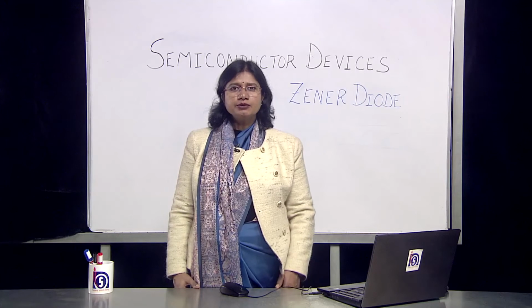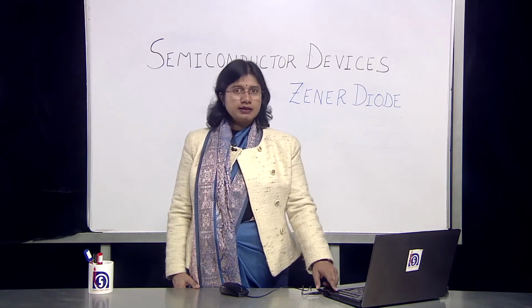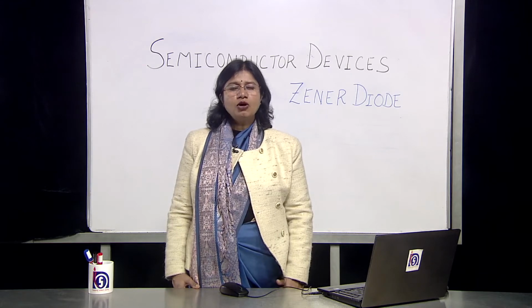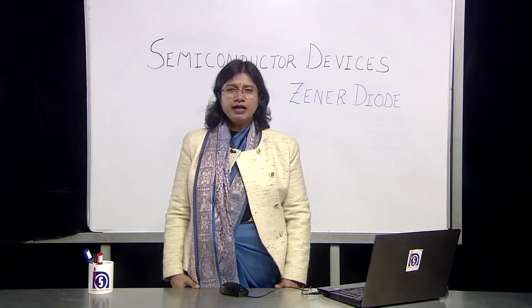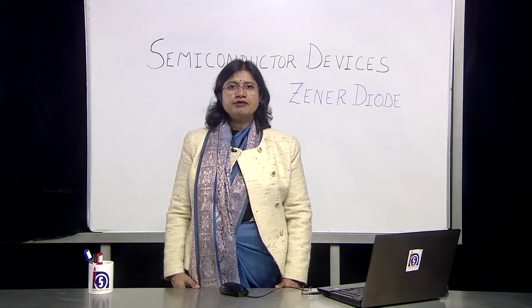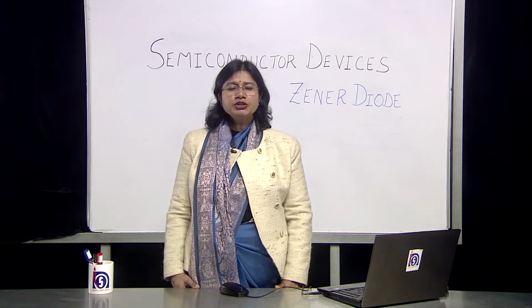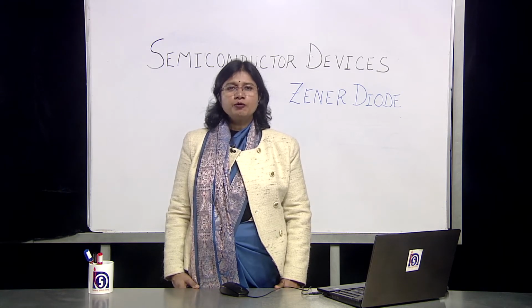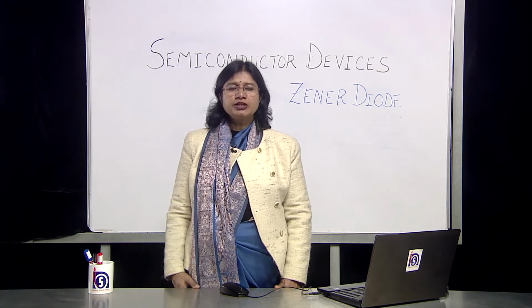A Zener diode is typically a normal diode. The only thing is that it is always used in reverse bias. Previously, we have discussed rectifiers. The limitation of the rectifiers is that the output is not very stable. Now, this Zener diode provides us a voltage which is very stable.